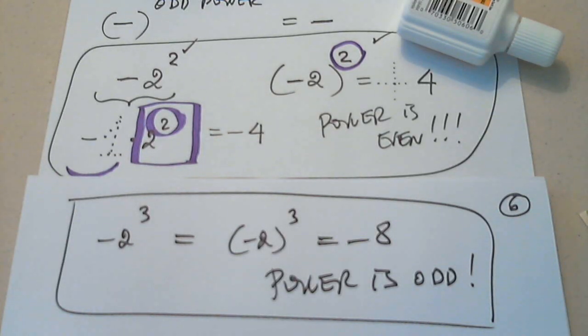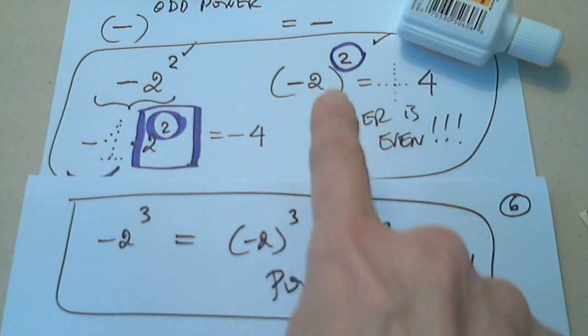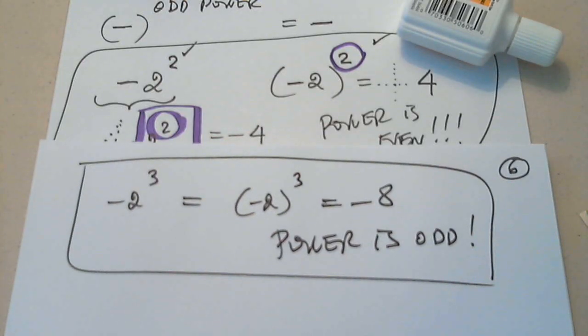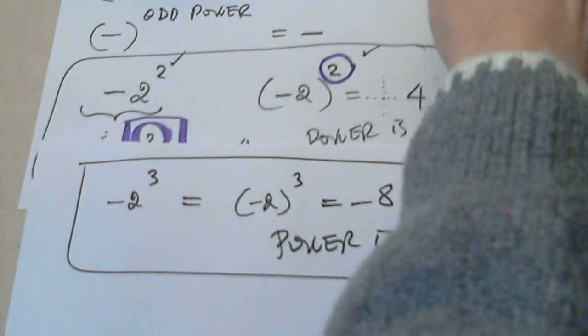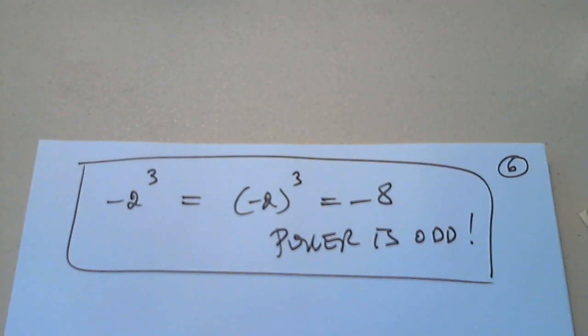Yes. What if the exponent is inside the parentheses? It makes no difference. It's the same as the first one, right? You have to give me an example. So you're talking about this? Sorry, if the exponent was inside the parentheses. Yes, but you have to give me an example because maybe it's a negative number, maybe it's a positive number, I don't know.